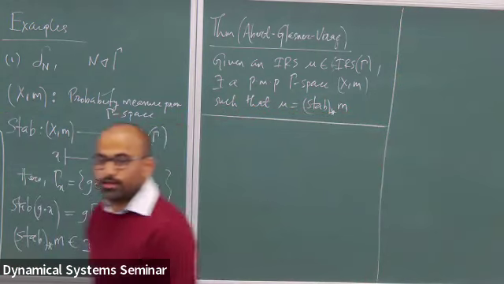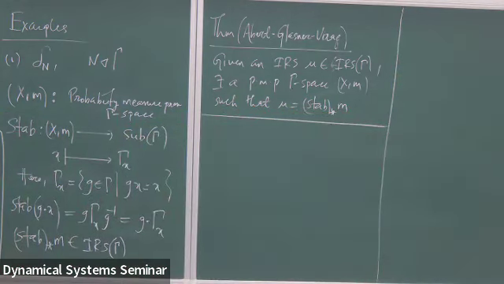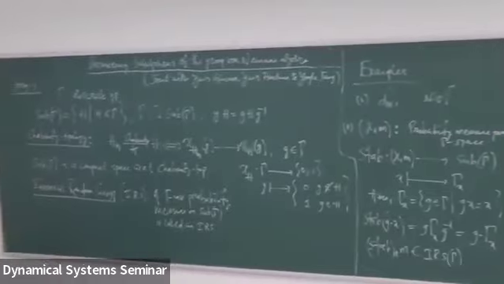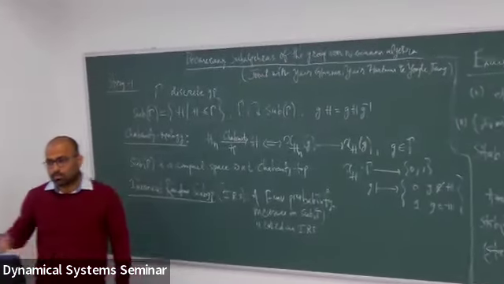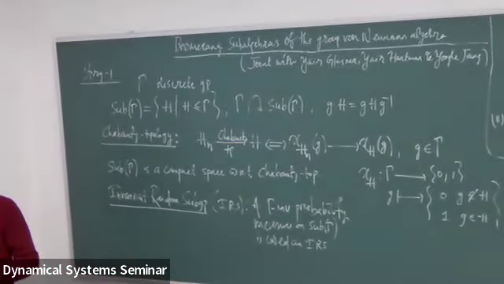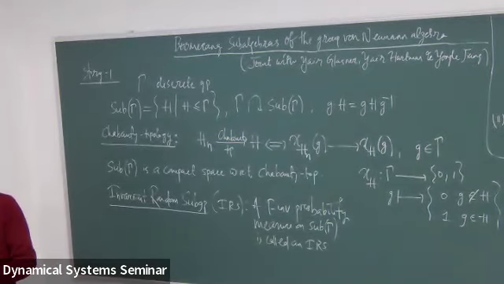I have a question. Yeah. Can you clarify the relation between the Chabauty topology and the Vietoris topology? You consider subgroups as collections of zero-one vectors. One thing that confuses me is the closedness question, right?